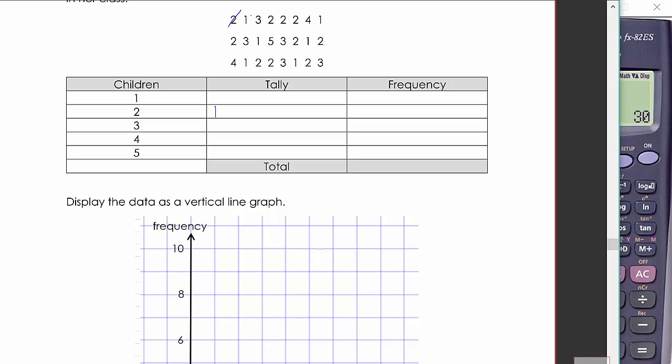So we've got a 2, followed by a 1, followed by a 3, and then we've got 3 2s in a row. So 1, 2, 3. We've got a 4, then we've got another 1, another 2, 3, another 1 there.